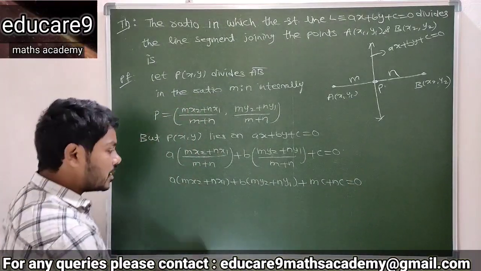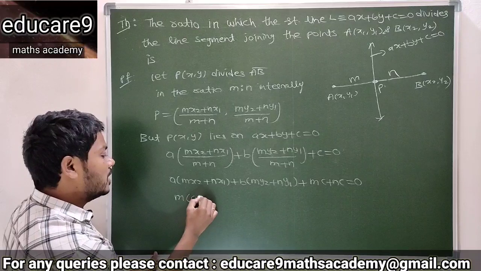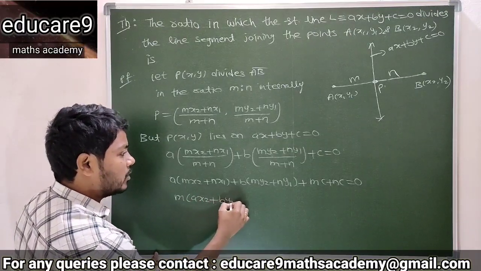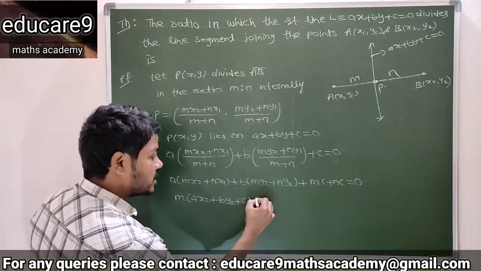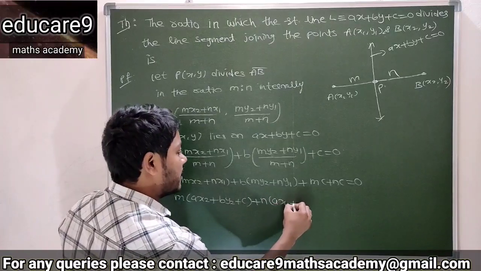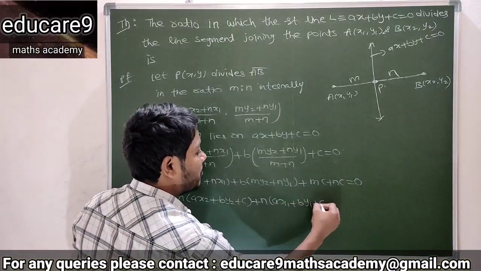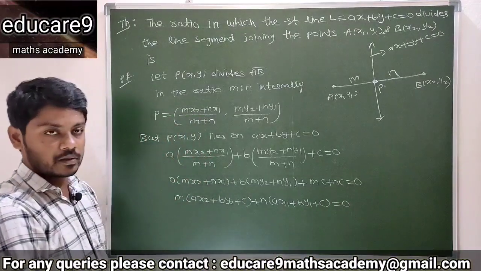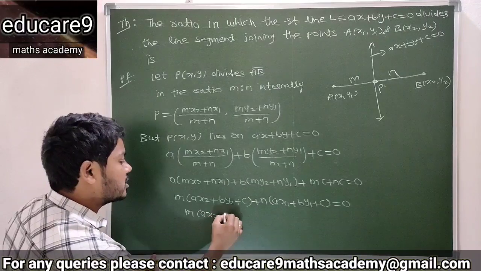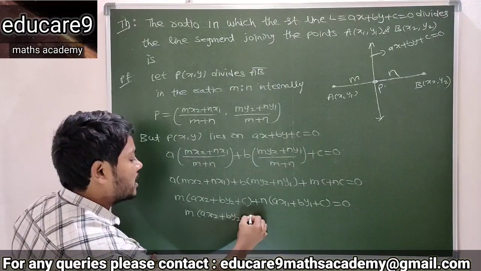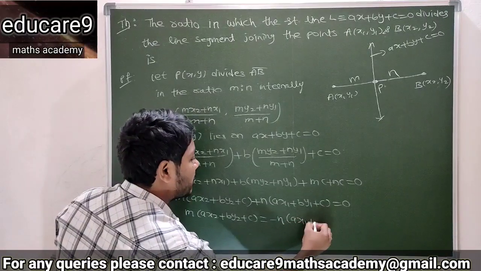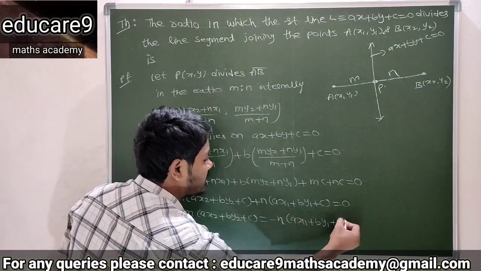Clearly m is common, so we get m into (ax2 plus by2 plus c), plus n is common, so n into (ax1 plus by1 plus c) equals 0. Now m times (ax2 plus by2 plus c) is equal to minus n into (ax1 plus by1 plus c).